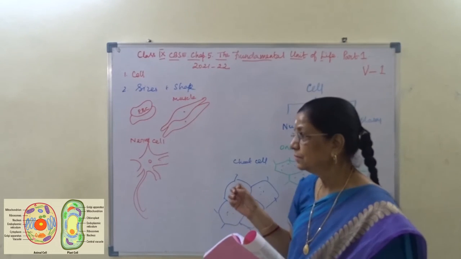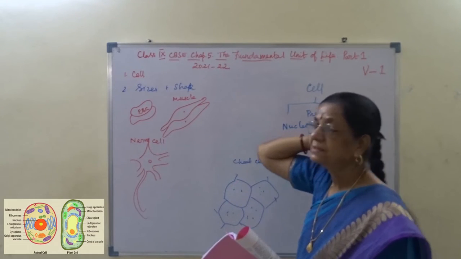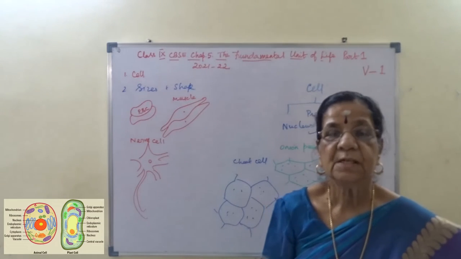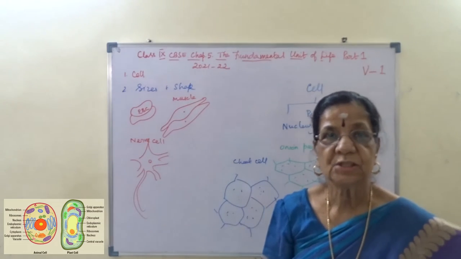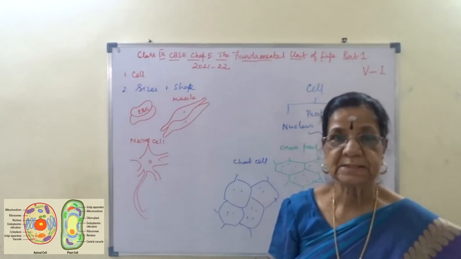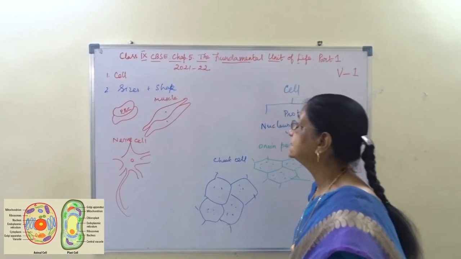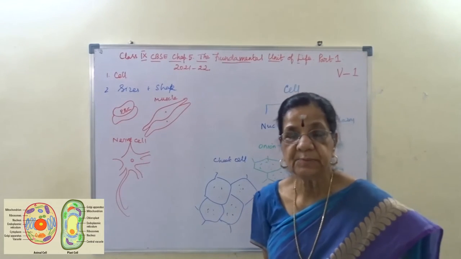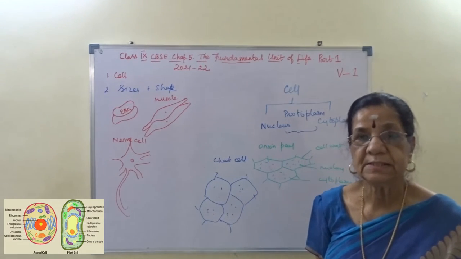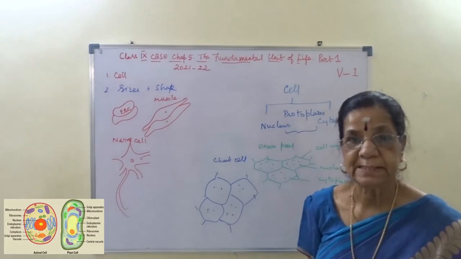Muscle cell is meant for contraction and relaxation for body movement. Nerve cell transmits nerve impulses. We'll continue. So this size and shape, as I said, depends on the nature of the function they perform. That is called division of labor.